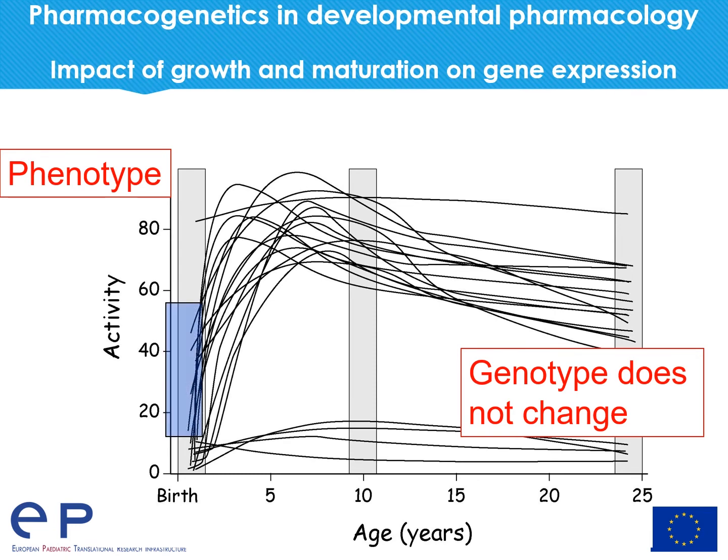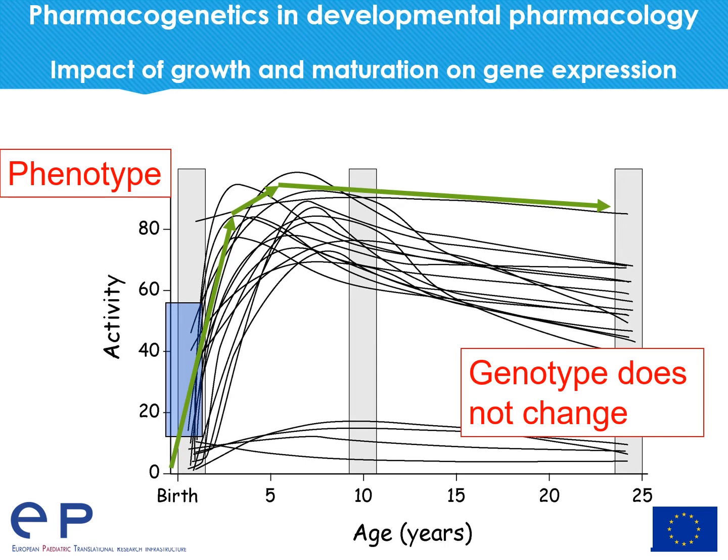And in many cases for drug metabolizing enzymes, the level is quite low at birth and increases progressively but rapidly after birth to reach almost adult values between the age of 5 to 15, depending on the metabolic activity tested.